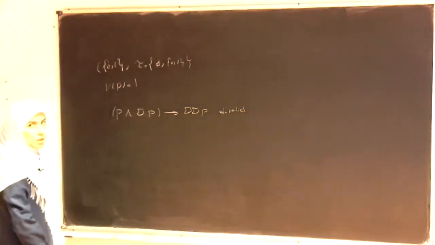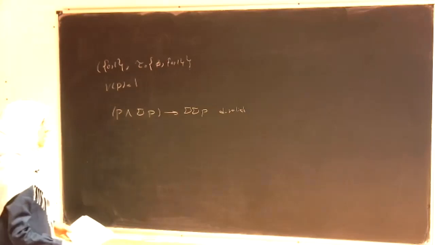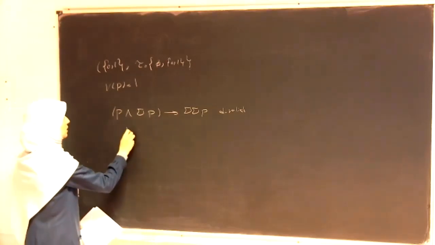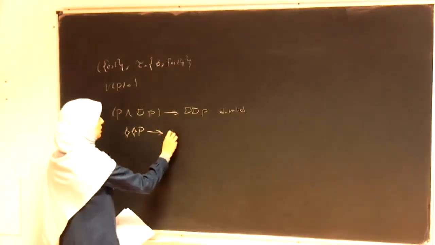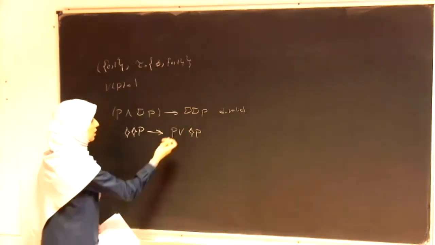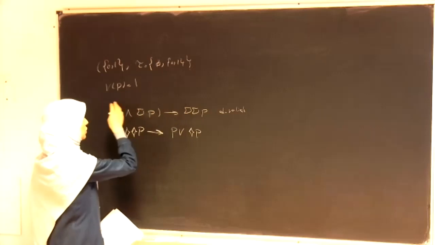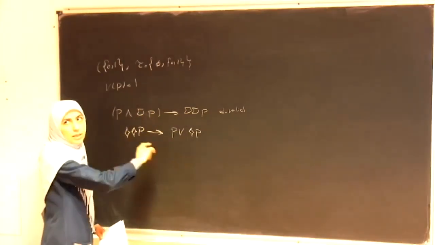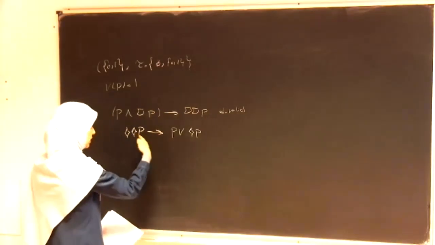To show that, we can consider the diamond version of this axiom, which is diamond of p, then p or diamond of p, because I can convert it, add a negation to each of them, and then I can see that this axiom is equivalent to this axiom.